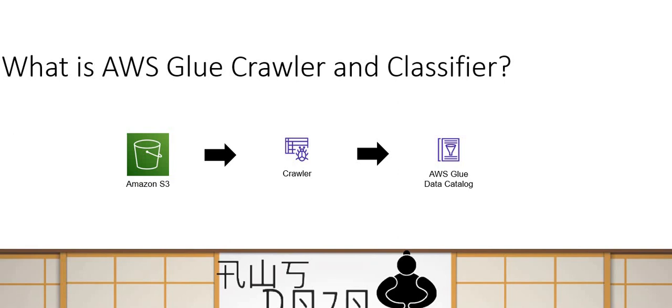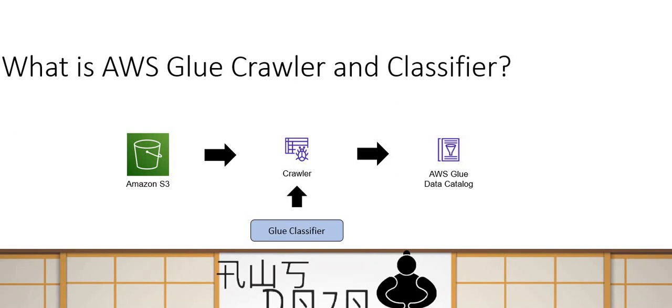The crawler comes to know about catalog details or schema details using a Glue classifier. There are many out-of-the-box Glue classifiers available, which the crawler can choose from based on which is the most appropriate. In fact, it can use more than one classifier to classify the data, see which one gives the best result, and then catalog the data.